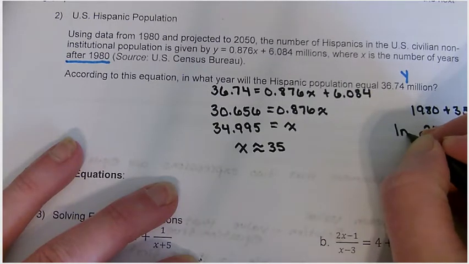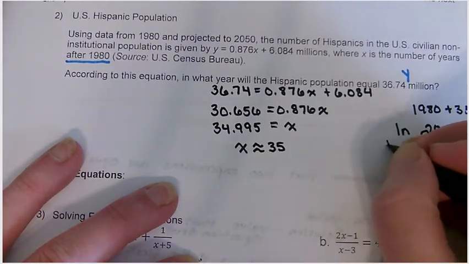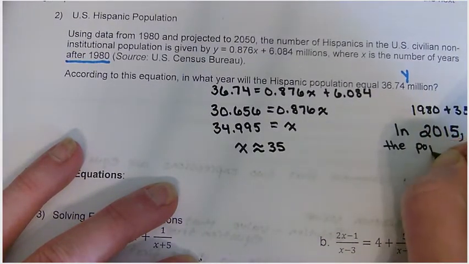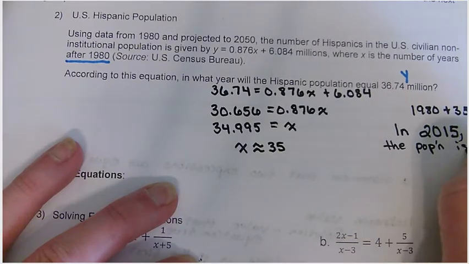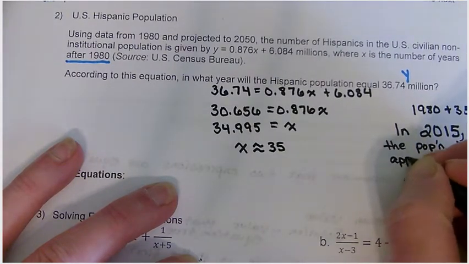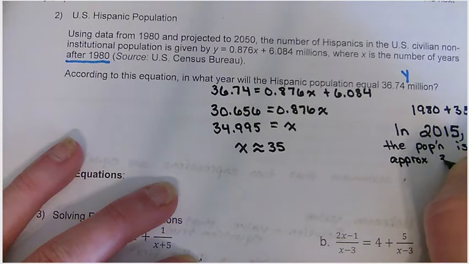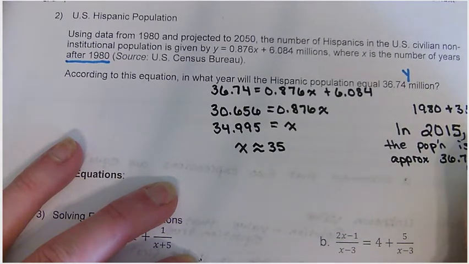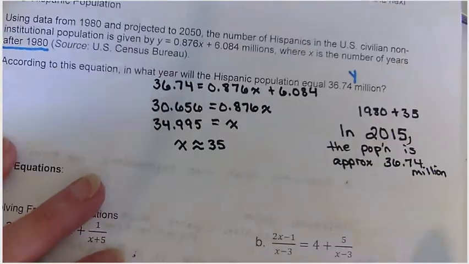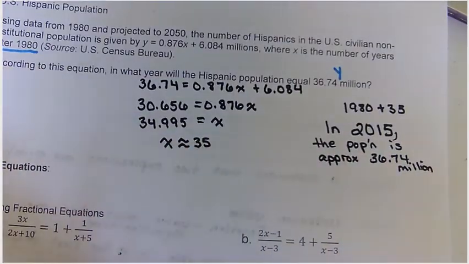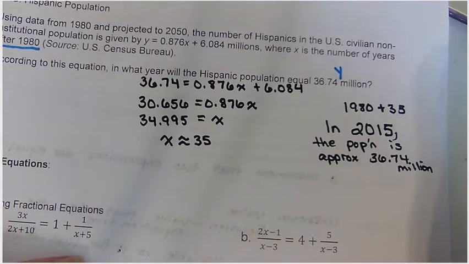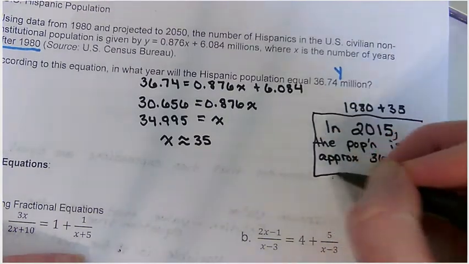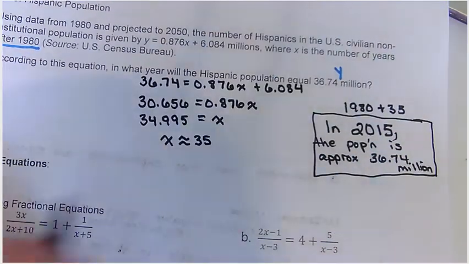So in 2015, the population is approximately 36.74 million. Notice also that when it's a word problem, we want to make sure we actually answer the question.